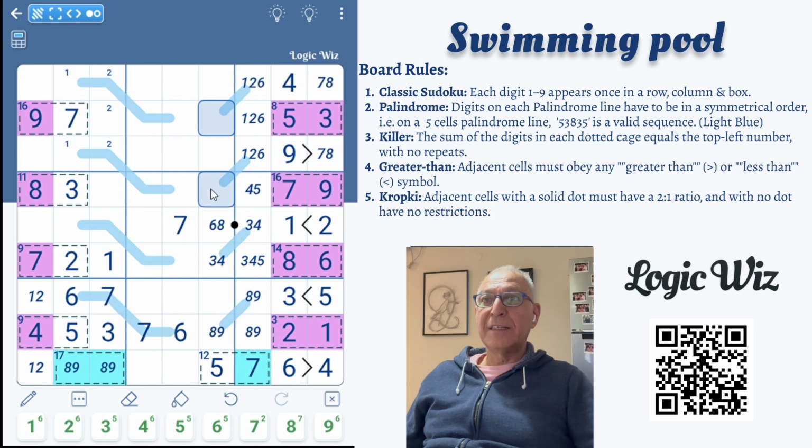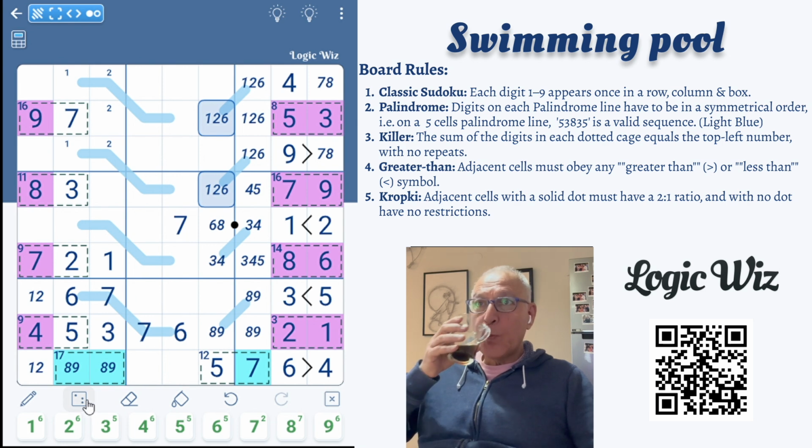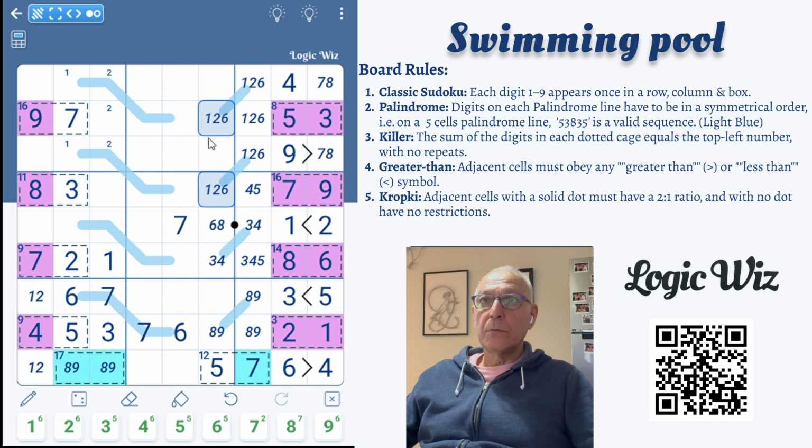Which basically sets also these 2 cells to 1, 2, and 6. 7 can go in one of these two cells.